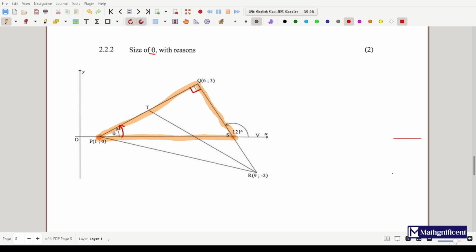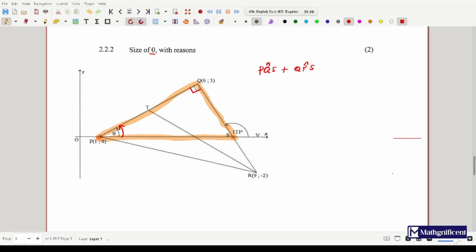So let me quickly show you what I'm referring to. We know that we have this angle here, which is 90 degrees. Let me represent this. We have angle PQS, which is the 90 degree angle, plus angle QPS, right?